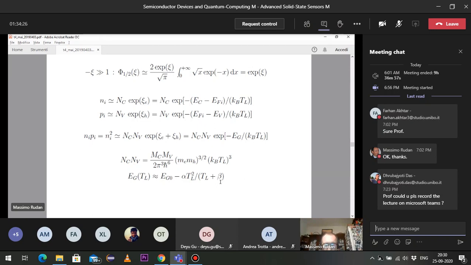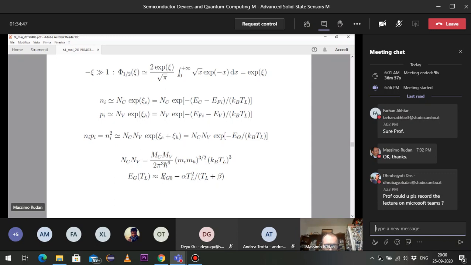That means that when we increase temperature, the gap tends to decrease because we have the minus sign in this expression, okay? So when we set T equal to 0, that is at 0 Kelvin, we have the largest value of the gap, that is E sub G0.